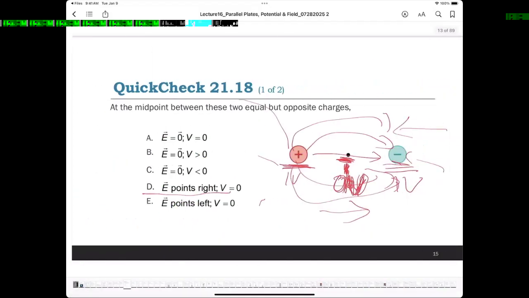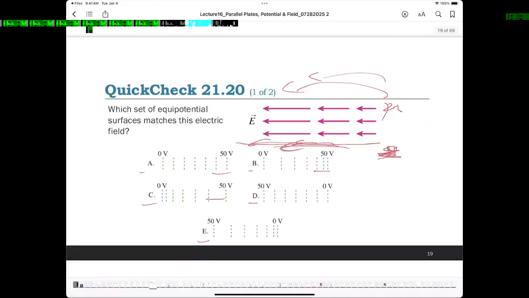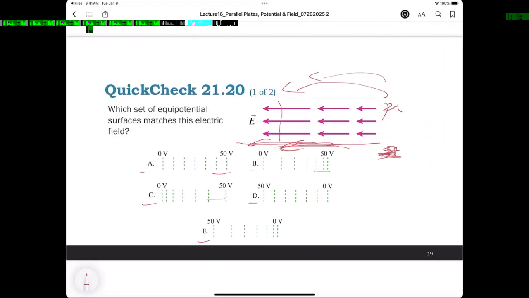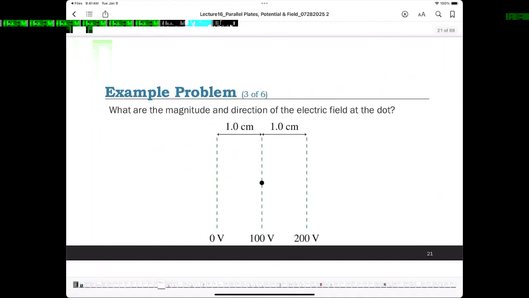In this question, in this location the field is stronger, which means the equipotential lines will be closer. So this one is closer. Does that make sense to you? So the right answer should be C. Okay, let's talk about this example problem.